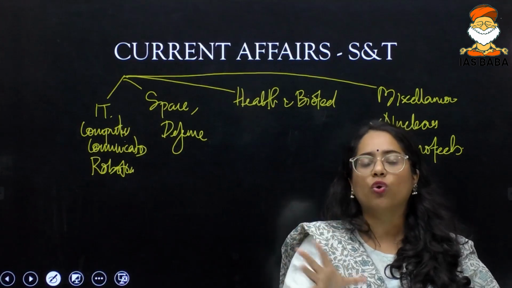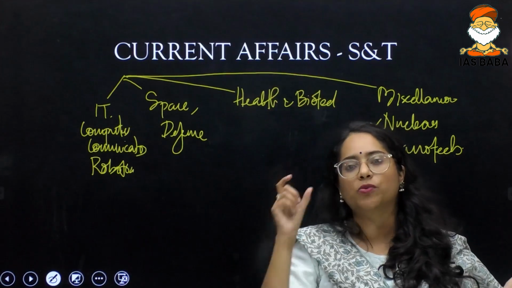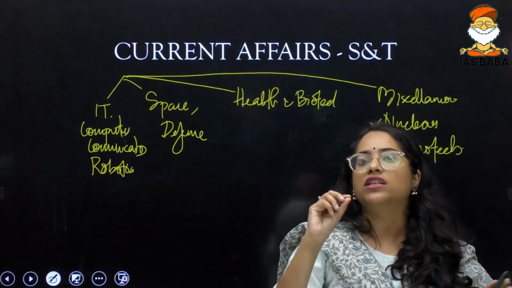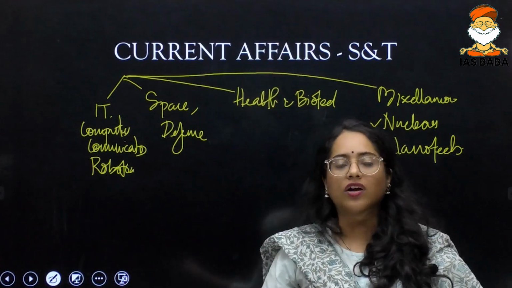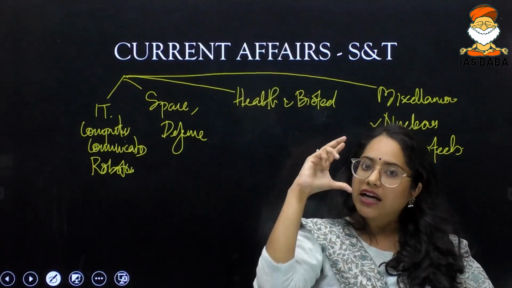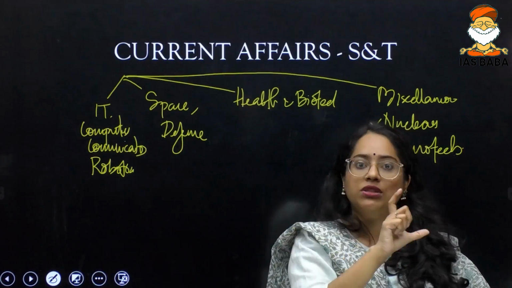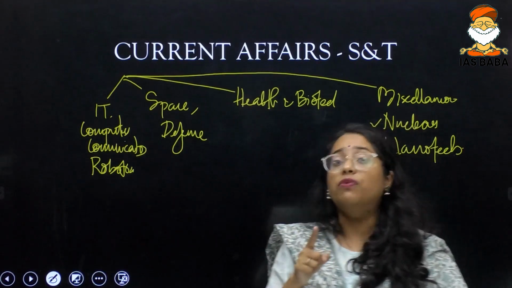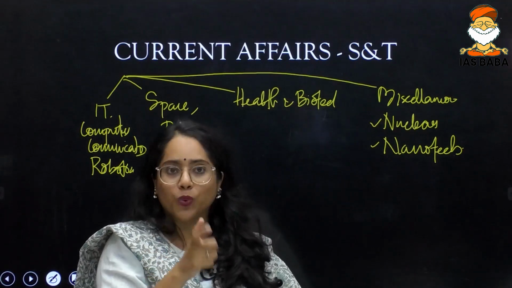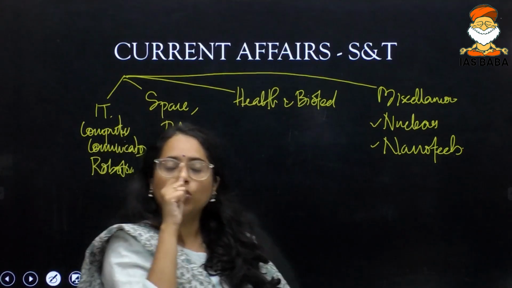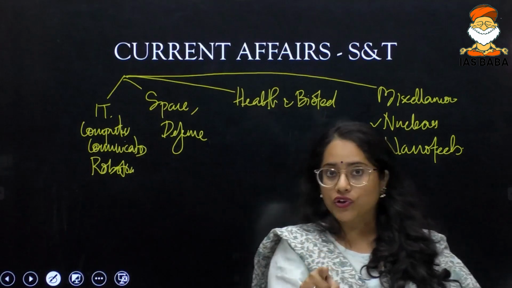Again, when you're making notes, don't write pages and pages. If there is one topic where they've discovered some new chimpanzee strain, you don't write one entire essay on it. No. If an article is small, you understand the terms in it. Again, one very important thing: whenever you come across a difficult word in science and tech, I want you to do a basic search of it first.